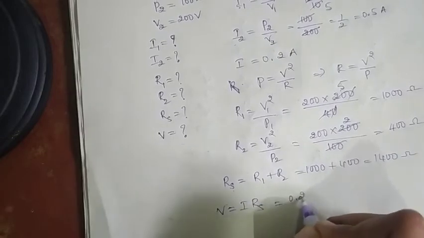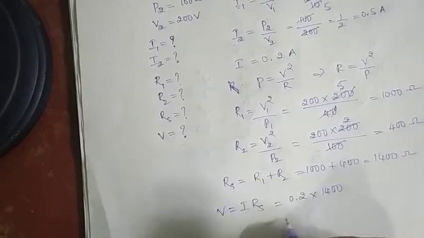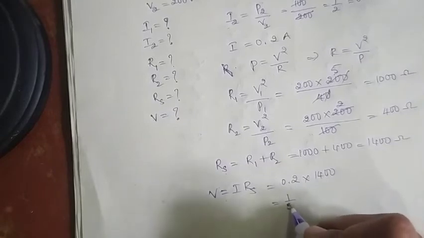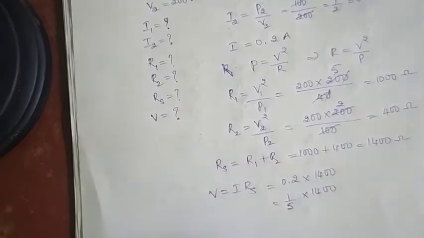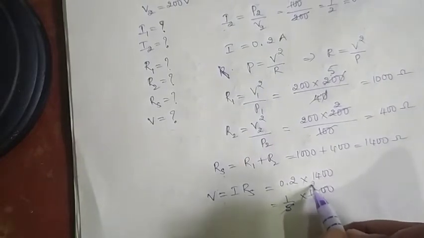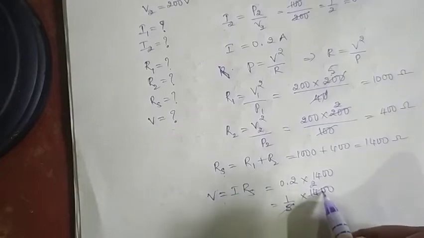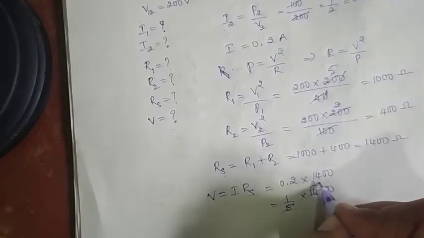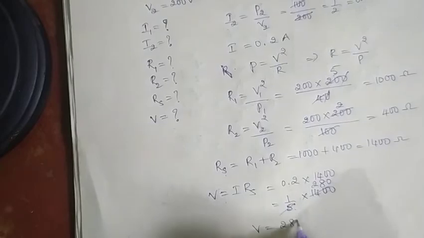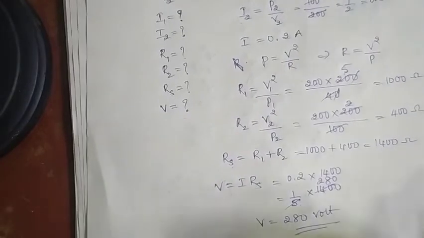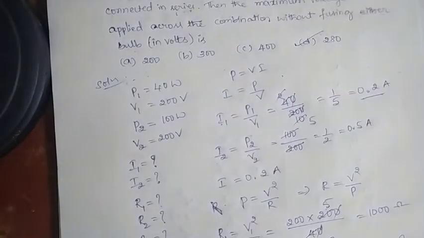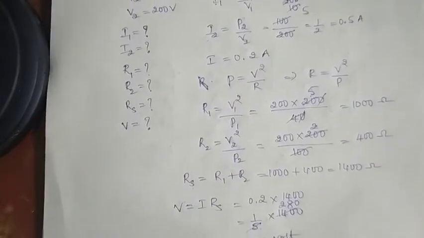I will be 0.2 ampere into 1400. 0.2 will be written as 1 by 5 into 1400. 5 2s are 10, the remaining will be 4, 40. 5 8s are 40, here 1 0. 280. V equals 280 volt. The answer will be 280, option D. We have to solve the problem like this.